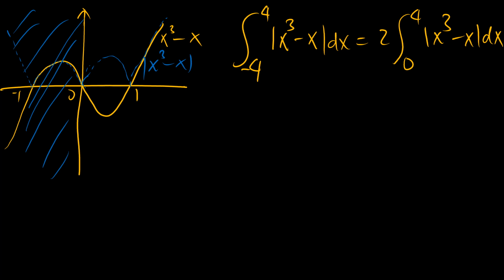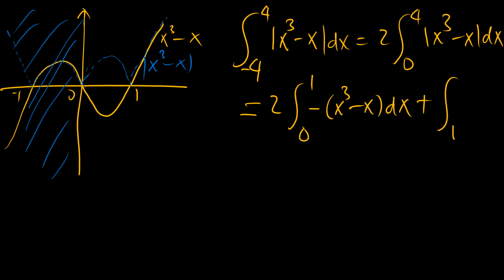The other thing to note is that, as we said, if f(x) is negative, then we attach a negative sign. So from 0 to 1, x cubed minus x is negative, so we'll say negative (x cubed minus x) dx. And since from 1 to 4 it is positive, we'll just say x cubed minus x. And that defines the absolute value.